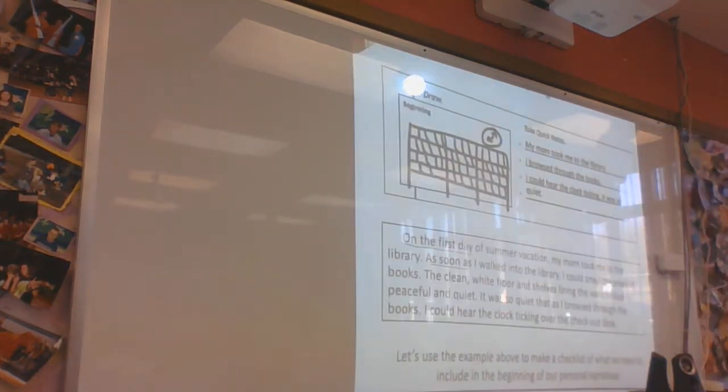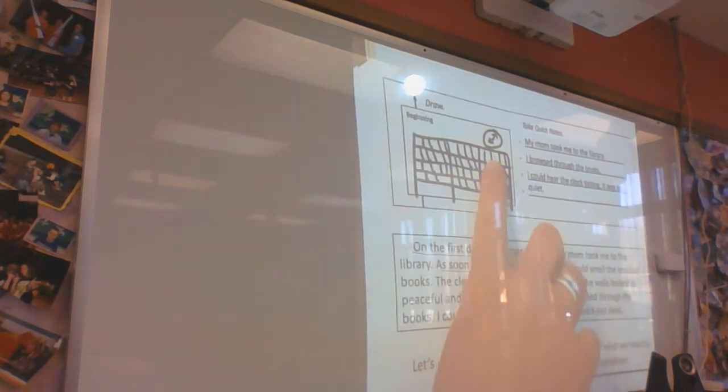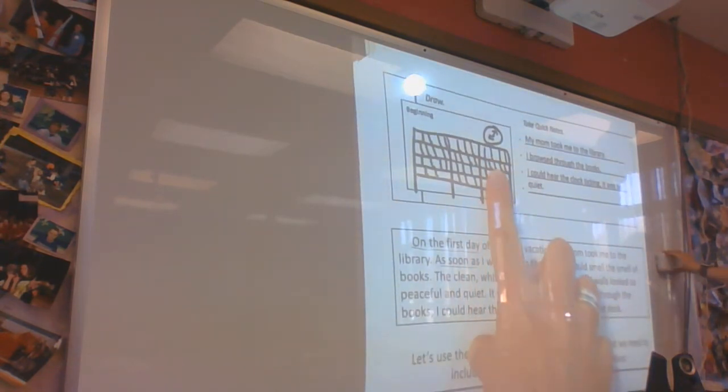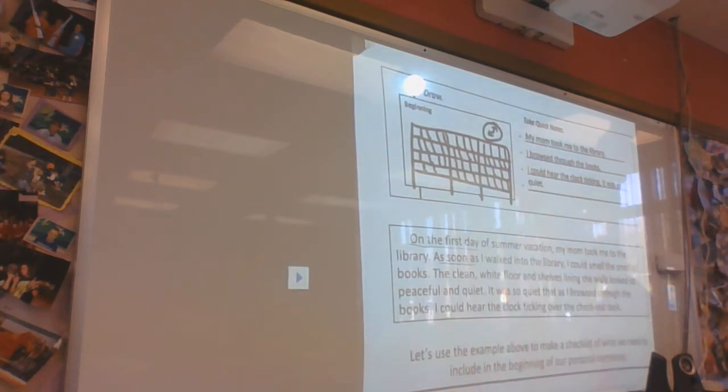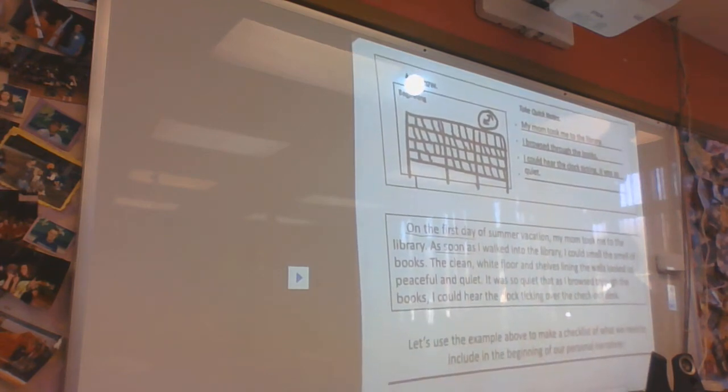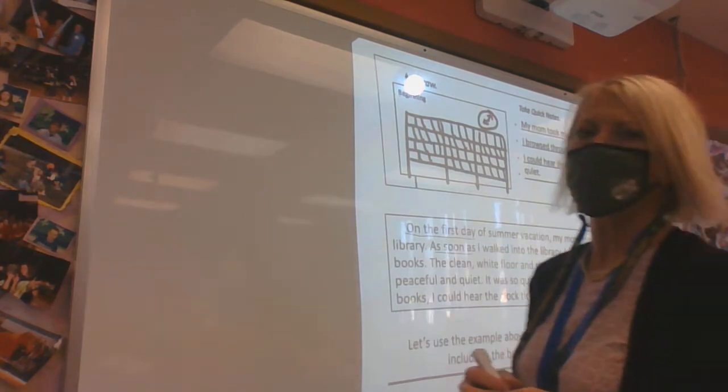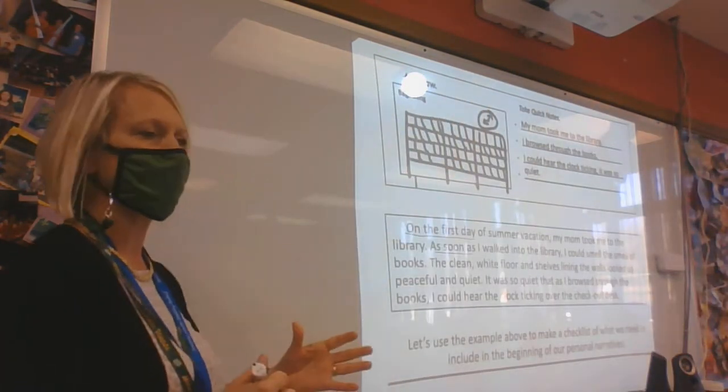So this is Angel's story. Hopefully you remember these pictures that I showed you of the library and the clock. And this is her beginning. I'm going to read to you the beginning of her story, and we're going to see if she included all the things that she needs to include for her beginning.